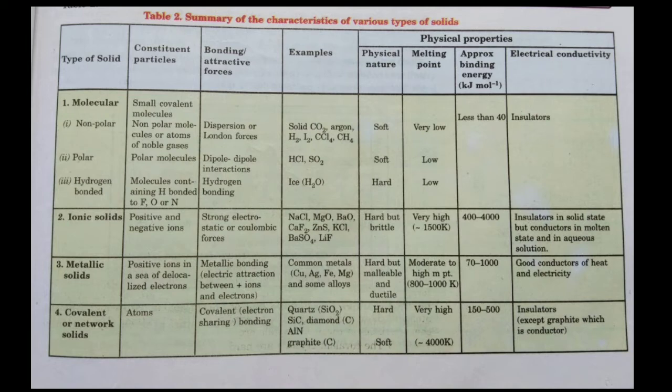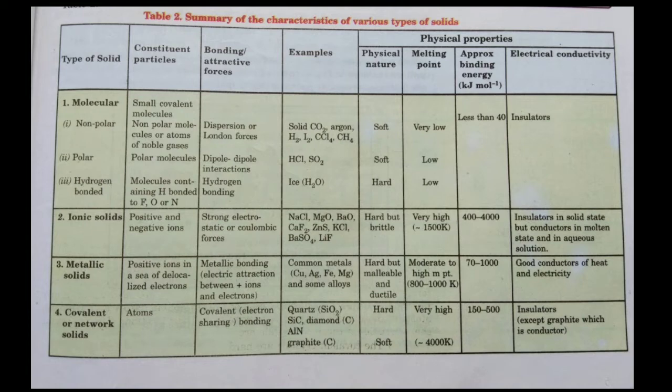Then the second type of solid is ionic solids. Okay, so they are the positive and negative ions which are held together by strong electrostatic or coulombic force. Examples like NaCl, MgO, BaO, CaF2, ZnS, KCl, barium sulfate, lithium fluoride. Okay.